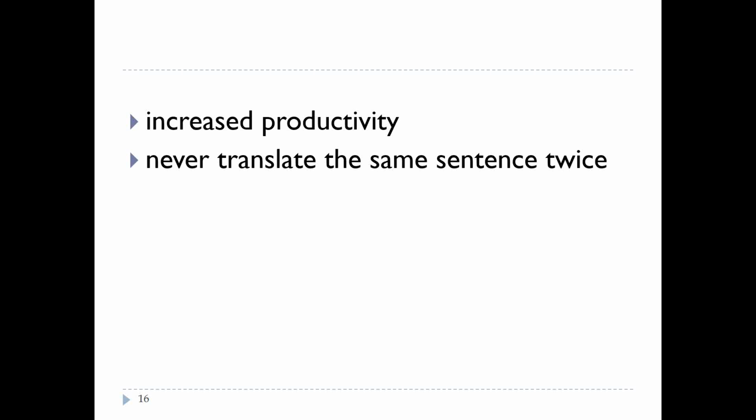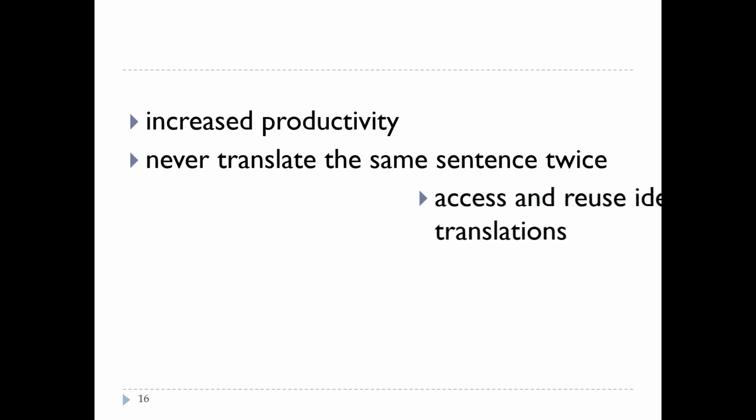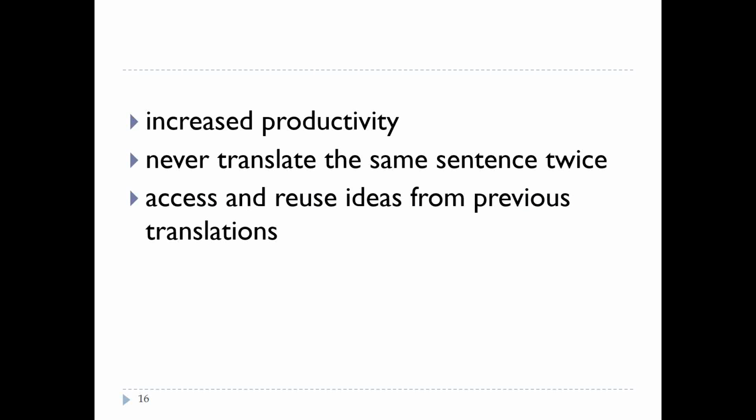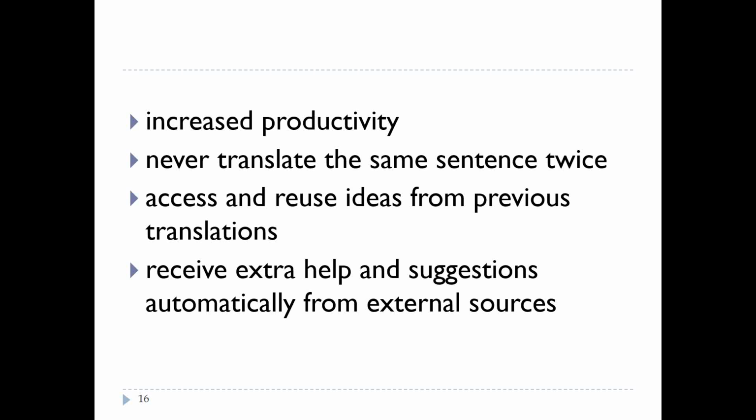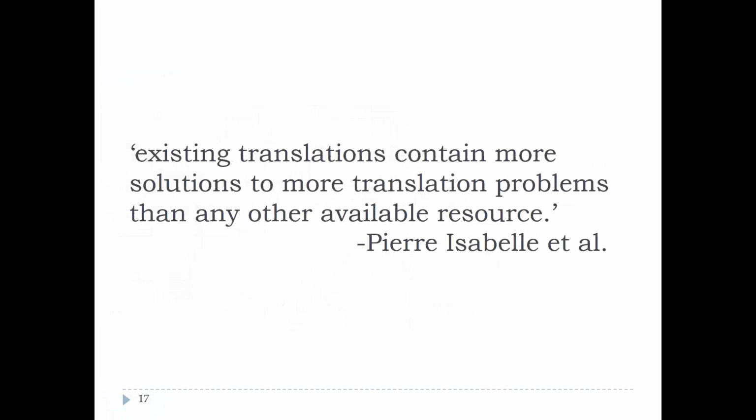Then never to have to translate the same sentence twice, or indeed similar sentences. To have instant or easy access to ideas from previous translations and the possibility of reusing them quickly and easily. And to be able to receive extra help and suggestions from external sources within one single interface.